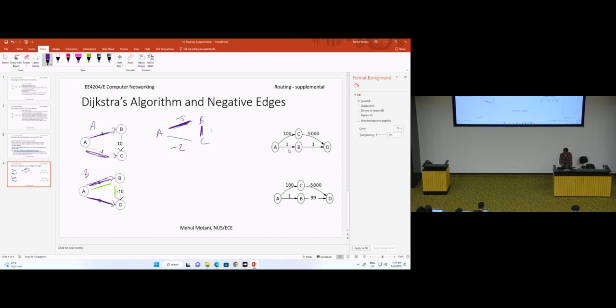Okay, so how about here? What will happen in network C here? What's the first step? Yeah, so the first step would be this. And then AD, BD, right? And then after that, this.